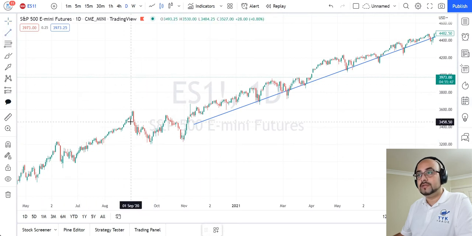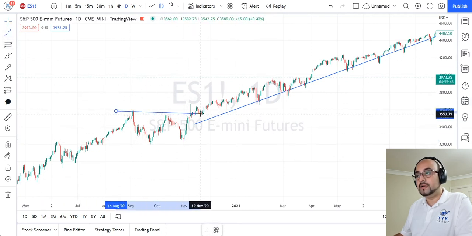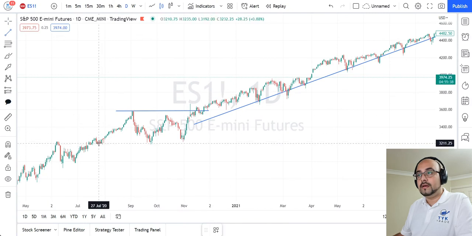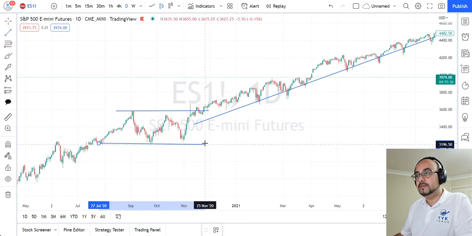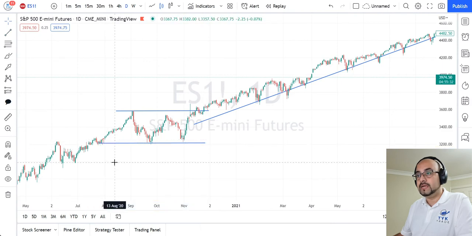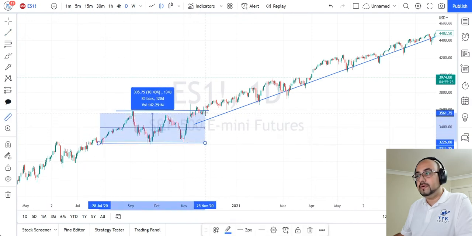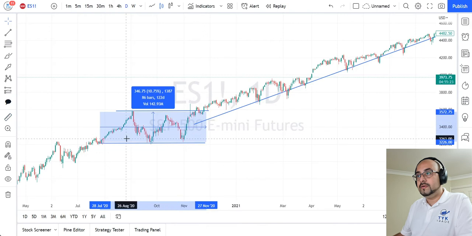So if I were to just draw a line from this high to this high and another from this low to this low, we did not make any progress as such. For almost 86 trading days, the market was in a sideways trend.